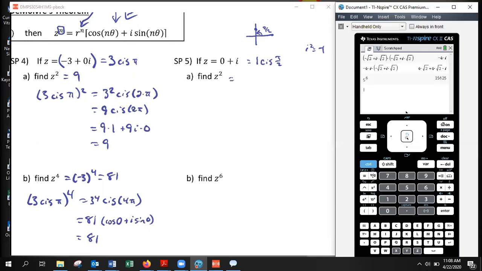Well, if we take 1 cis pi over 2 and we square it, that's equivalent to 1 squared cis of 2 times pi over 2. So that is 1 cis pi. Now, if I want to say where is that located, the radius is 1 and the angle is pi. So that makes sense that it's only on the real axis at negative 1.